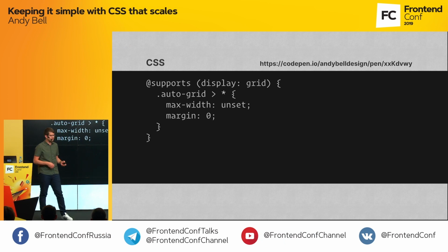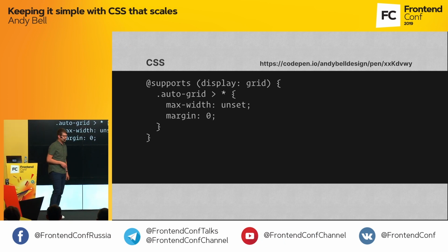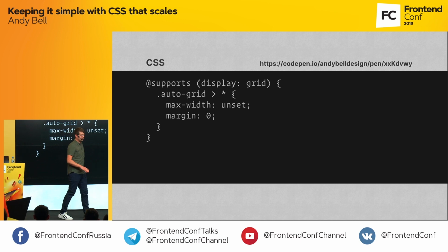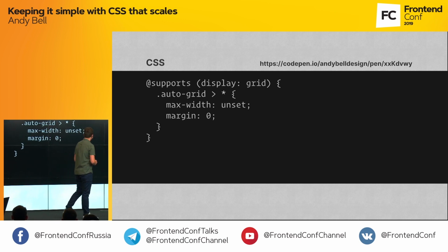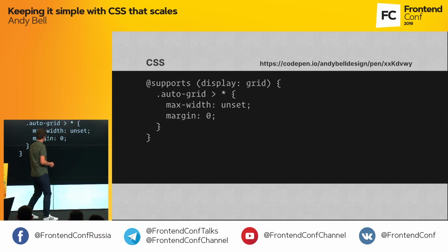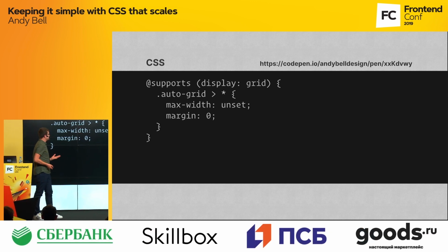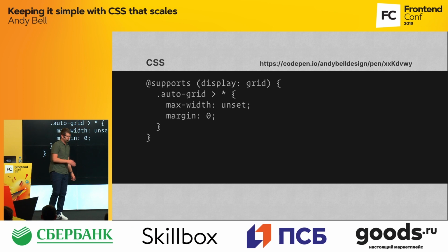And then finally, to finish our little bit of CSS, we use one of my favorite new features of CSS, which is @supports. And what this does is it says, if you support CSS grid, then reset these rules for me. So what I'm saying is just remove the max widths and remove the margin from them.